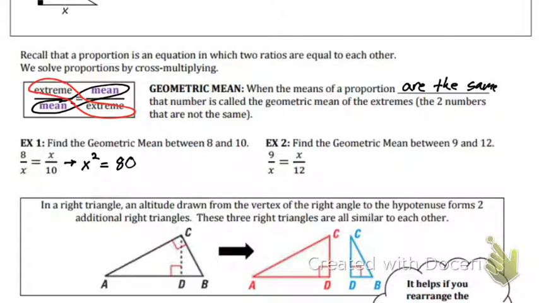You would take the square root of both sides to give you x equals the square root of 80. But that is simplifiable because 16 goes into 80 5 times. So we could rewrite that as 16 times the square root of 5, which is just equal to 4 square root of 5.